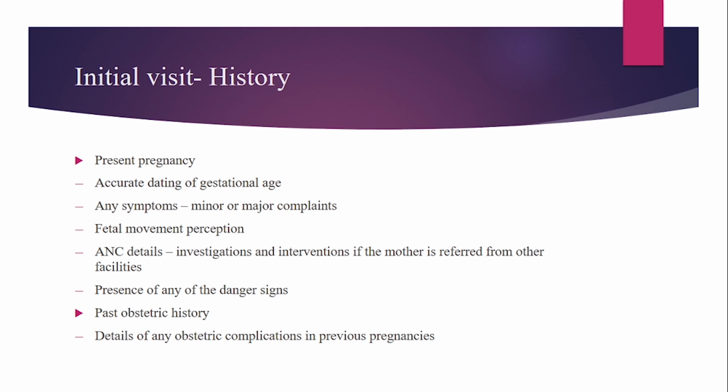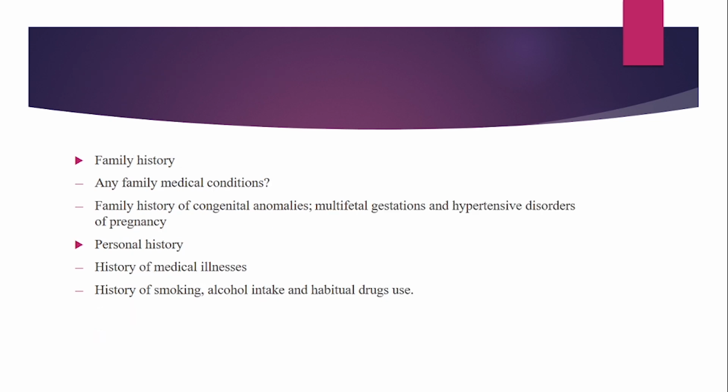You need to take past obstetric history too: details of any obstetric complications in previous pregnancies, previous history of stillbirth, antepartum hemorrhage, preterm delivery, previous history of IUFD. All these are history that must be taken when they present the very first time.